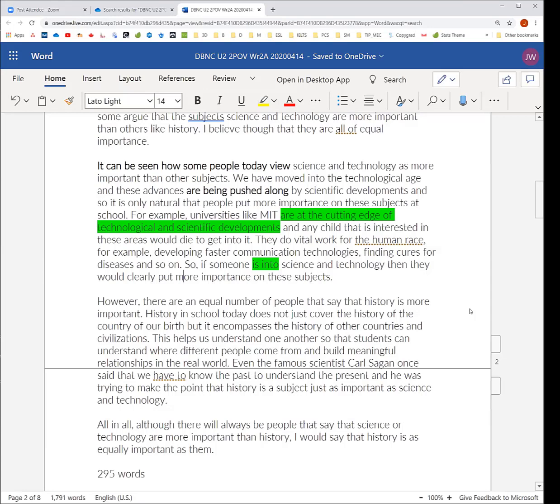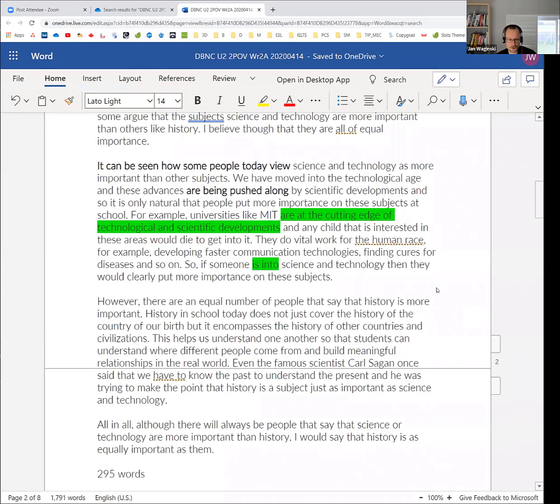This helps us to understand one another so that students can understand where different people come from and build meaningful relationships in the real world. Even the famous scientist Carl Sagan once said that we have to know the past to understand the present. And he was trying to make the point that history is a subject just as important as science and technology.